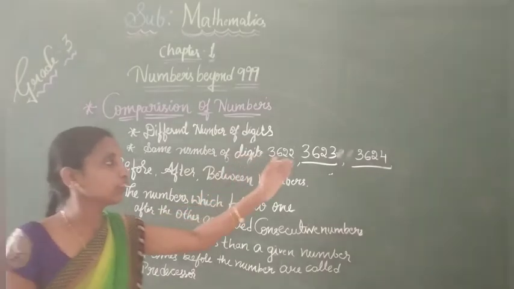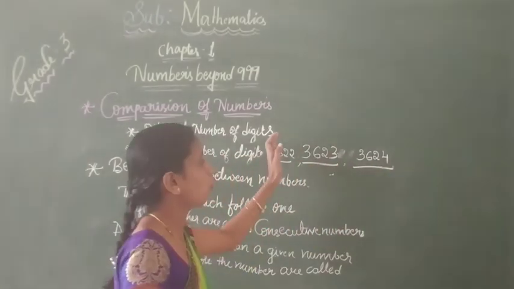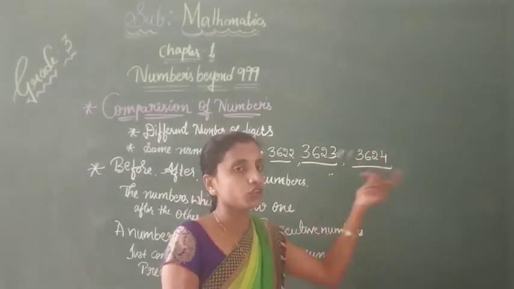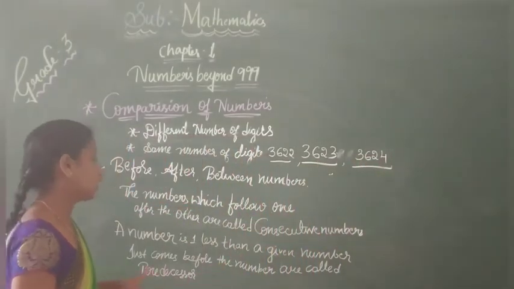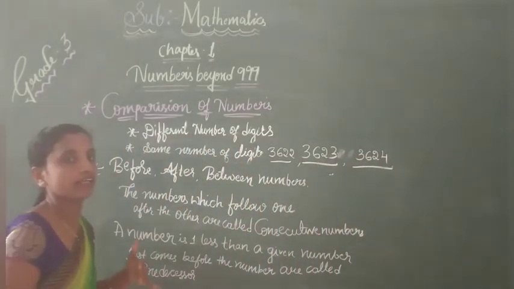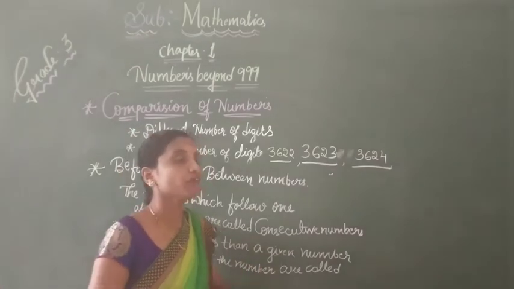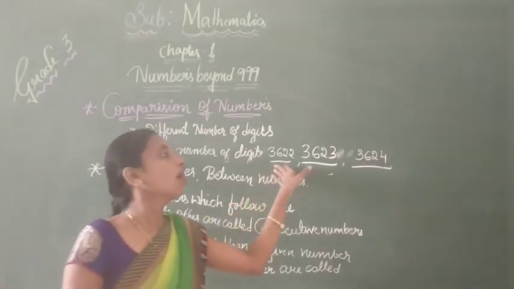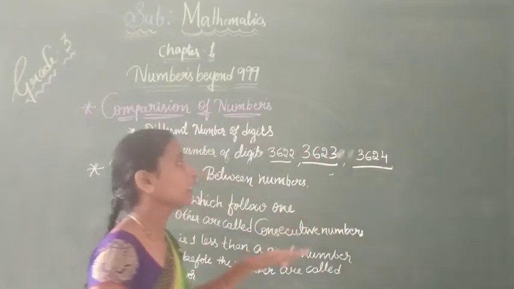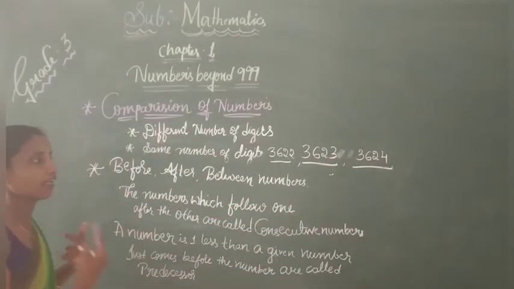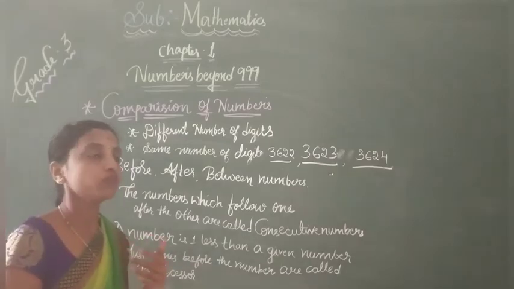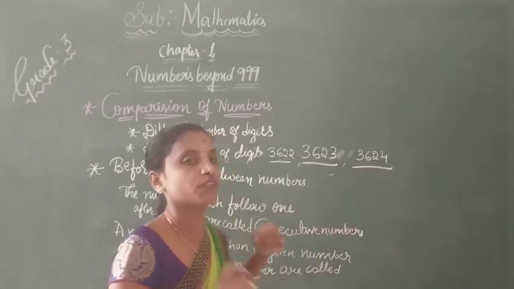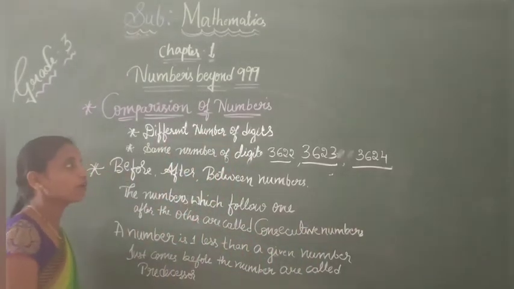The numbers that follow one after another we call consecutive numbers. A number one less than a given number, just before the number, we call a predecessor. And a number that is one greater than a given number, and comes after the number, we call a successor. Is it clear?